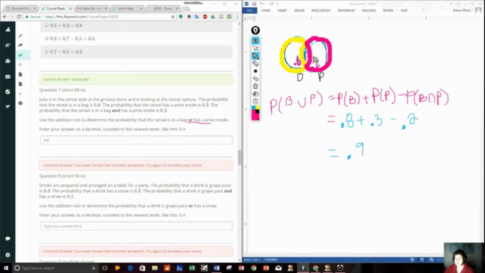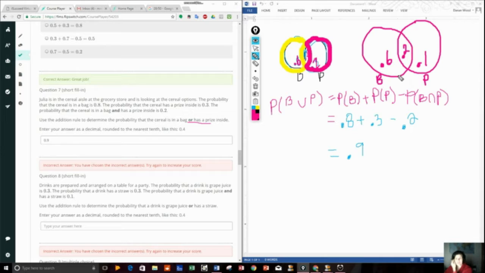And that's because you were leaving out that intersection completely, where it could be a bag or a prize. So if you're looking at this, I'll draw it again. Let me draw that bigger. So we have it being in a bag, and we have it being in a prize. We have 0.6 in here, we have 0.1 in here, and we have 0.2 in here.